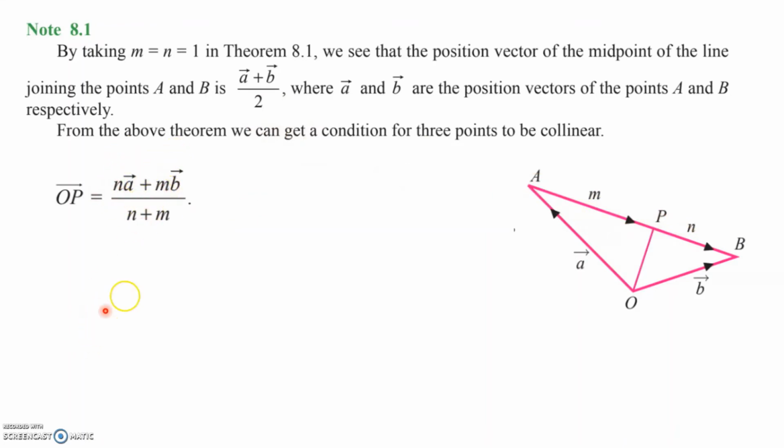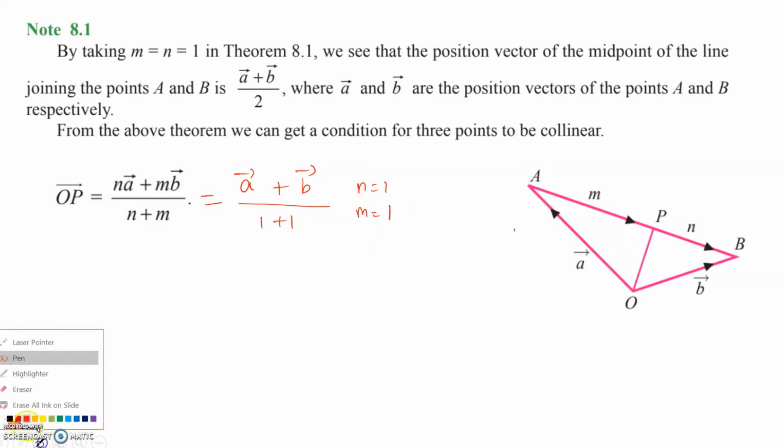So this will become A plus B divided by 1 plus 1, because our n is 1 and m is 1. And in such a case, P will divide the line segment AB exactly into two equal halves. So you can call P the midpoint of the vector A and B.